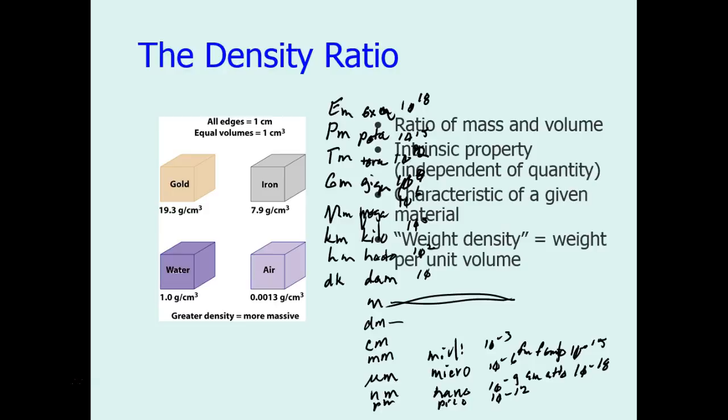Under normal conditions, it's a liquid. So guess what? Lead, which is 11.4 grams per cubic centimeter, if you drop it in a pool of mercury, which is 13.6 grams per cubic centimeter, lead floats. You never thought you'd ever see lead float, right? But don't try it. Why not?